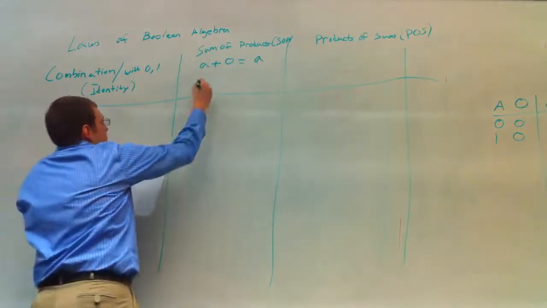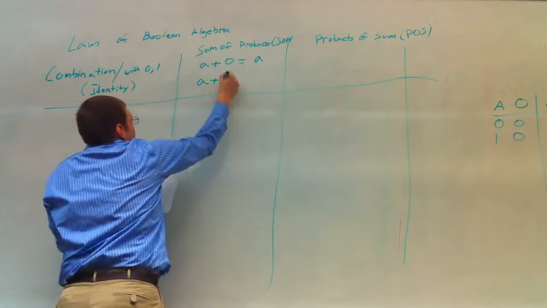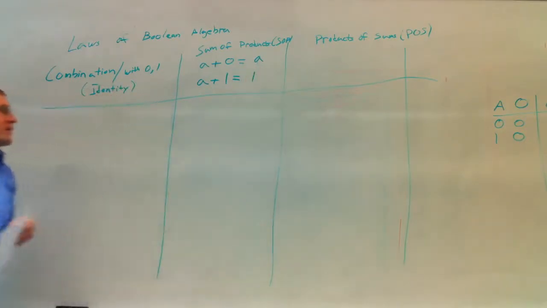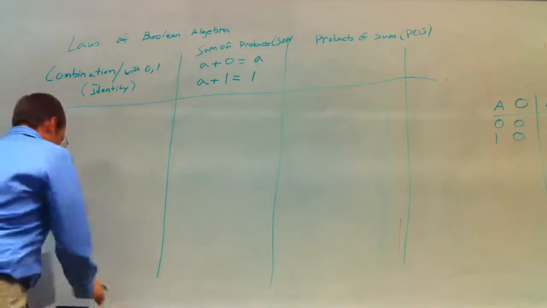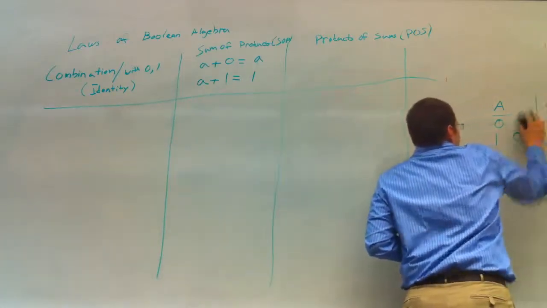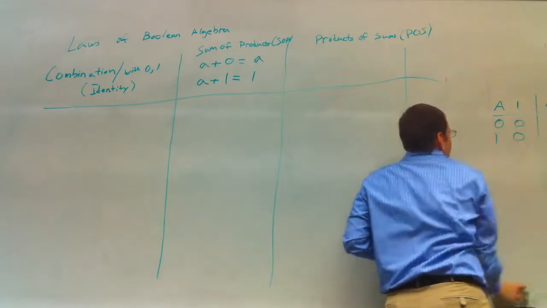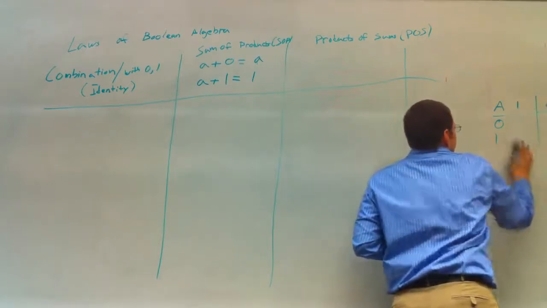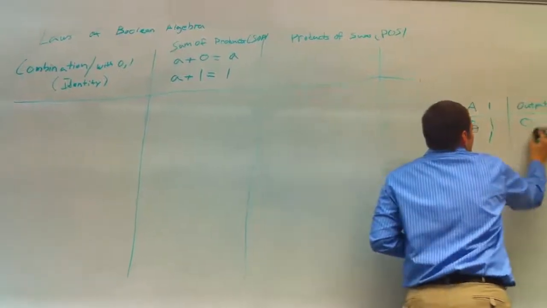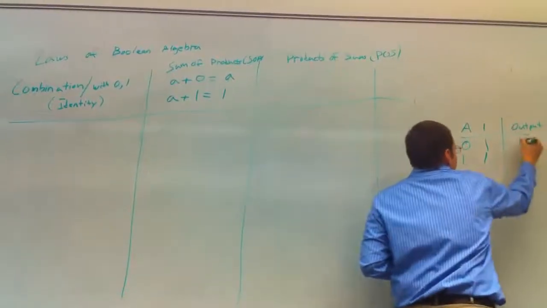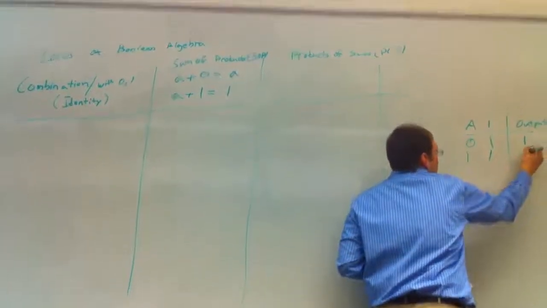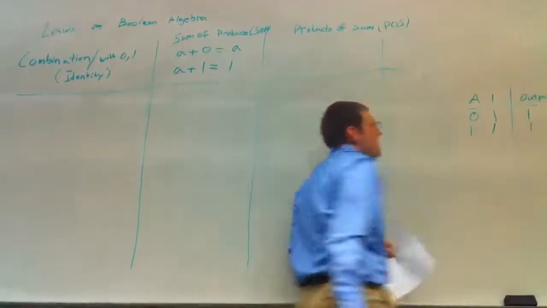And A ORed with 1 equals 1, no matter what we do. I hope we can see that one. If I change this to all 1s and OR, we get 0 ORed with 1 is 1, and 1 ORed with 1 is 1.